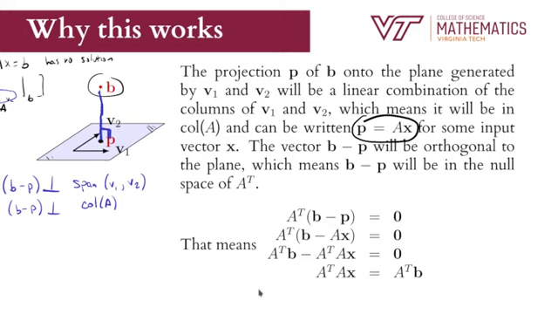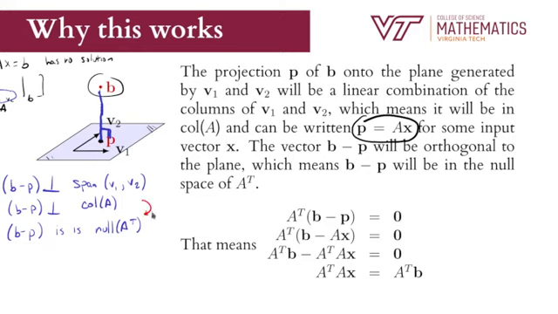And here's where we use something surprising. We saw in chapter 4 that the space perpendicular to the column space of A is the null space of A transpose.